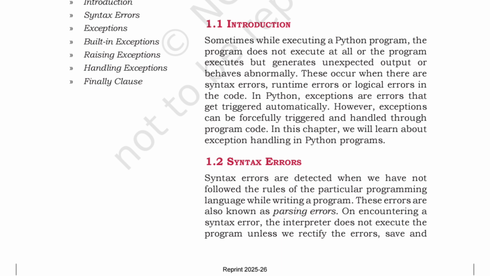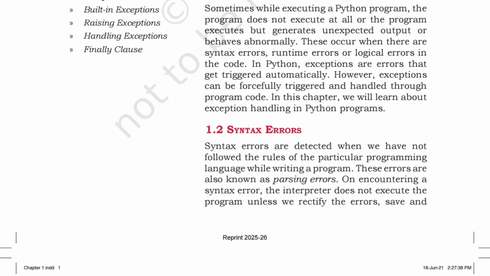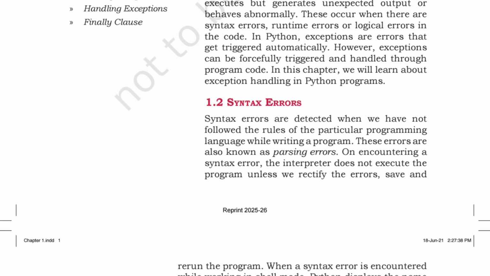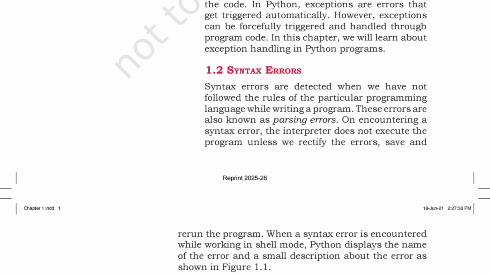We will learn about exception handling also, how we can handle this kind of exceptions. I just told you about the syntax error. In syntax error, if there is any mistake in writing the code regarding the rules of code while writing the program, that is called a syntax error.